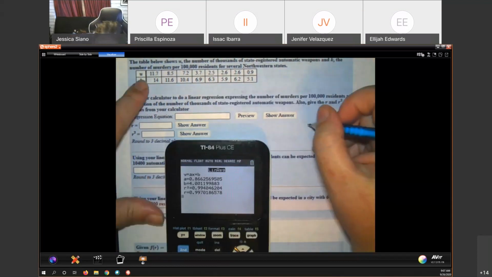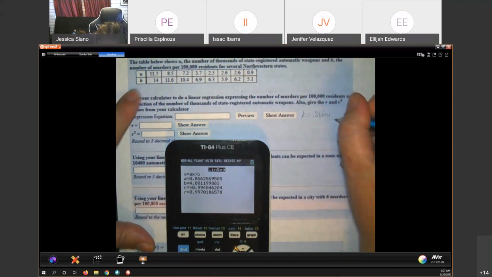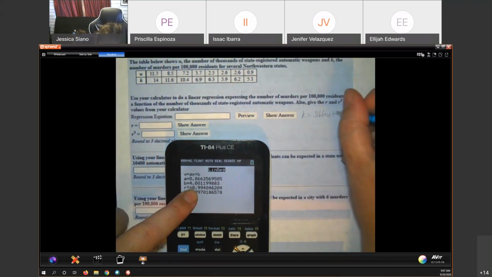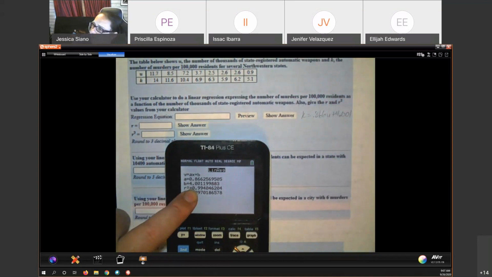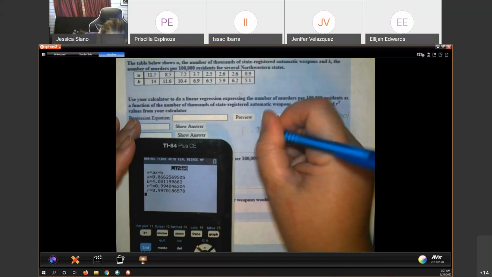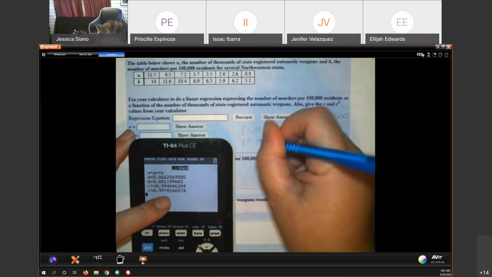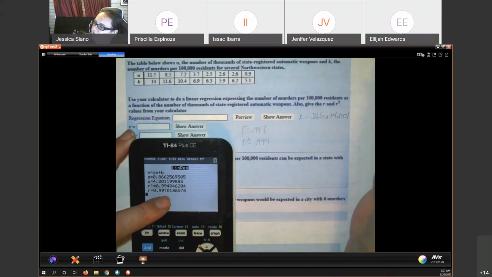So this is k equals 0.866u plus 4.001. And then r is 0.997, and r squared is 0.994. Okay.